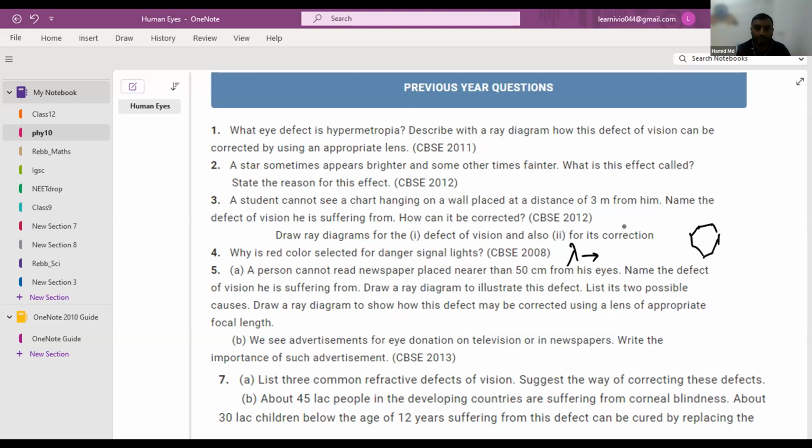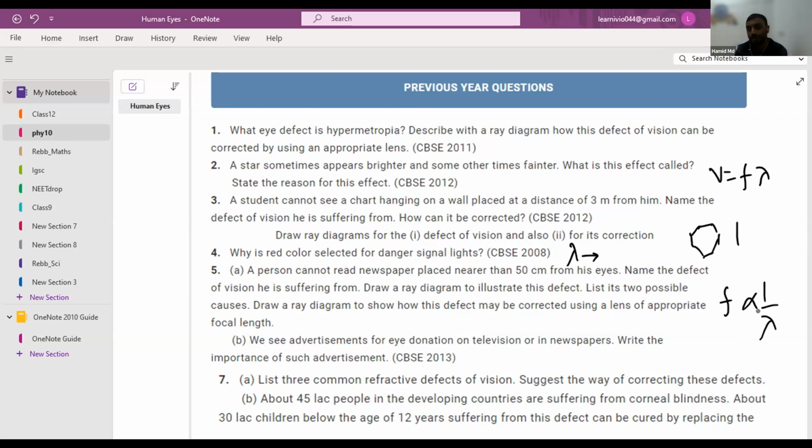Jaslyn, do you want to add anything to this question? Sir, it has the biggest wavelength, so it can travel the longest. Also, it has the lowest frequency. Velocity is equal to frequency times lambda. If velocity is constant, frequency is inversely proportional to wavelength.